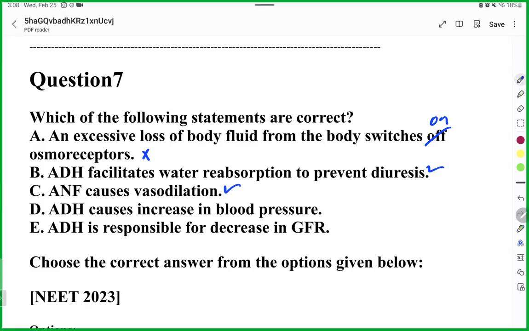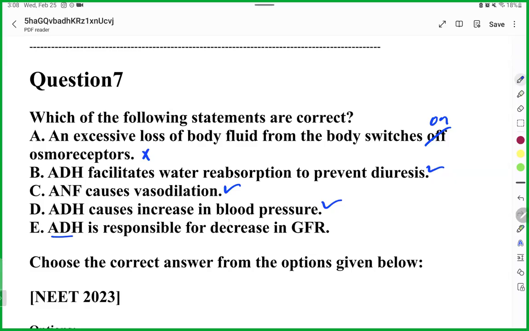Antidiuretic hormone causes an increase in blood pressure. False? Because an increase in blood pressure, how is that, sir? Only ANF decreases blood pressure. Everything else increases blood pressure, whether it is ADH or renin. Yes, sir, I got it now.